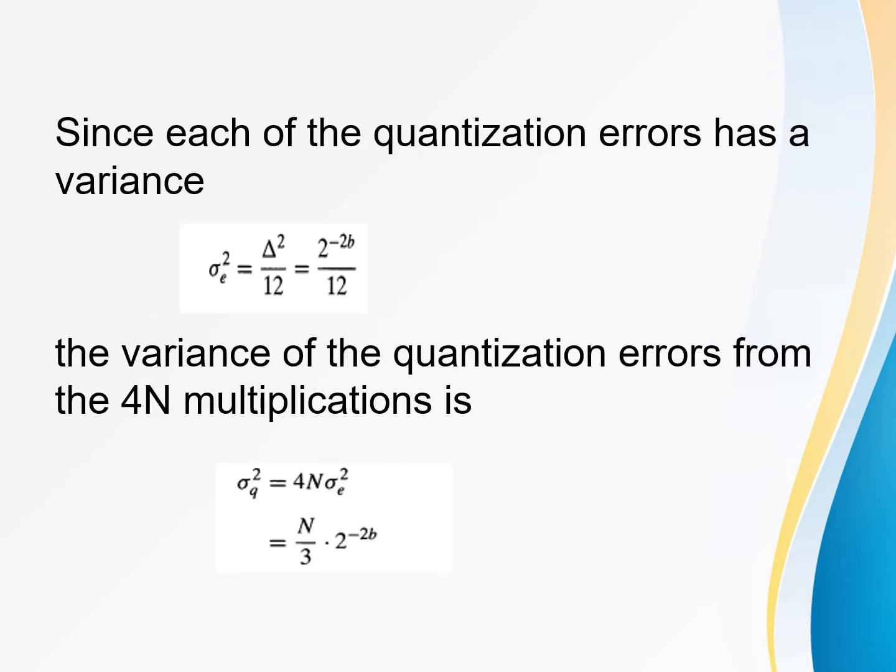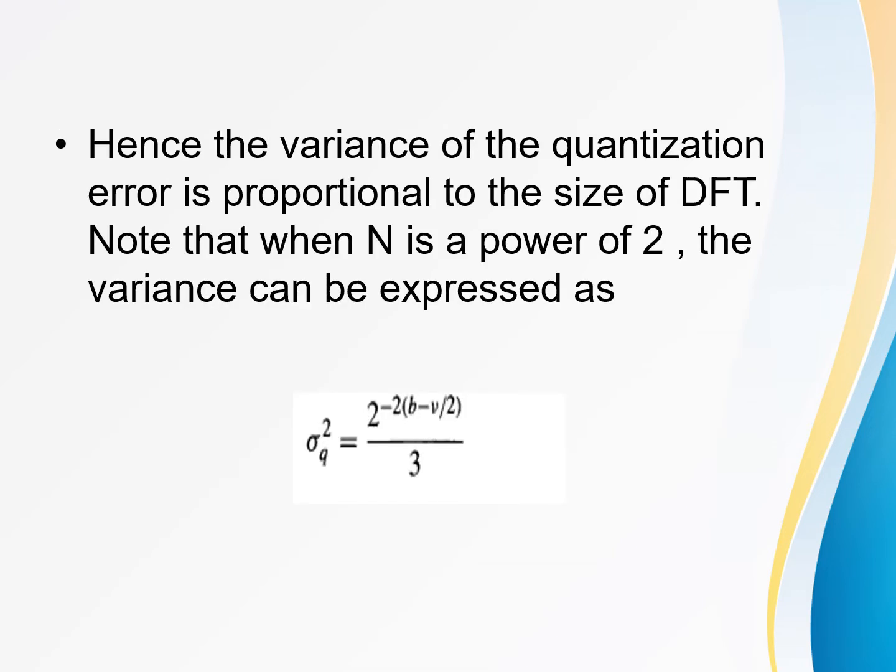Since each of the quantization errors has a variance of delta square by 12, that is also equal to 2 to the power minus 2b by 12, the variance of the quantization errors from the 4N multiplications is equal to 4N sigma_e square, that is equal to N by 3 into 2 to the power minus 2b. Hence the variance of the quantization error is proportional to the size of the DFT.